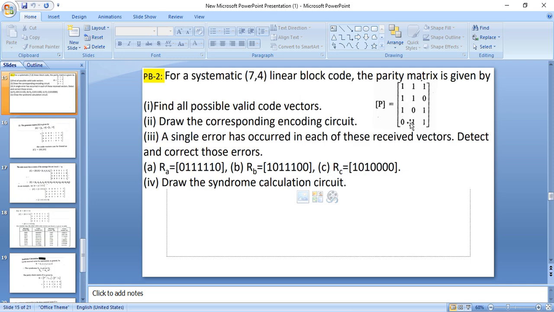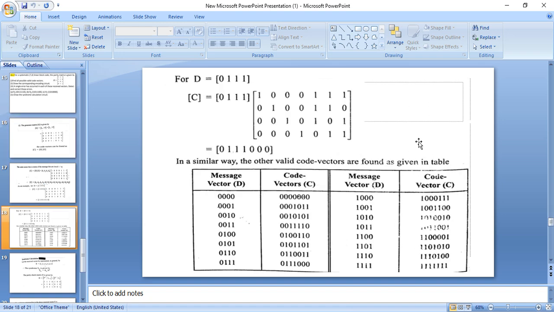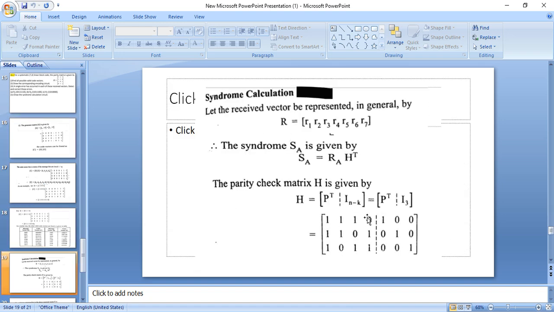P is this one, and we need to take the transpose of P. Row will become column, column will become row. So P will become this way: 1 1 1, 1 1 0, 1 0 1, 0 1 1, and it should be written along with the unit identity matrix of size 3 cross 3.